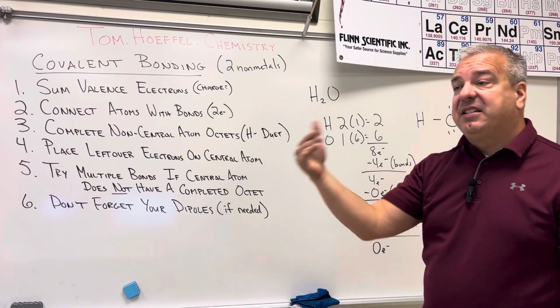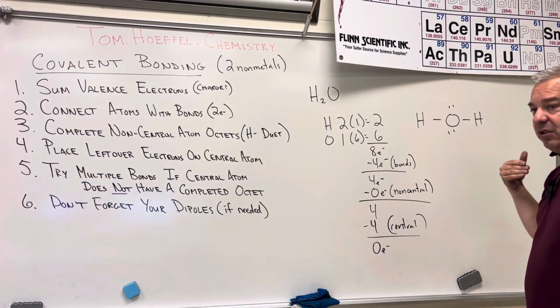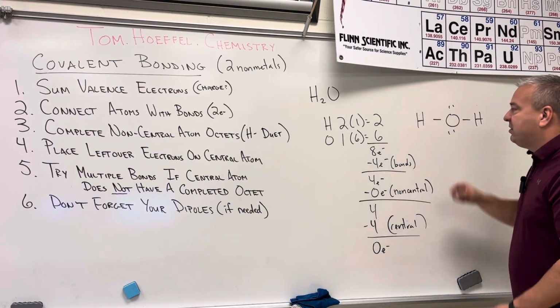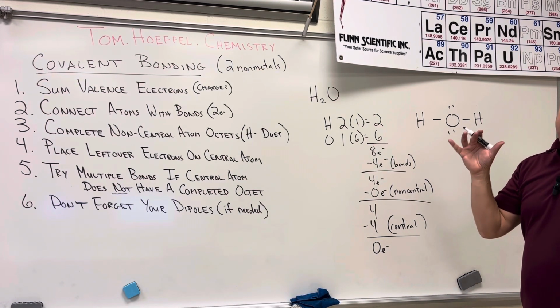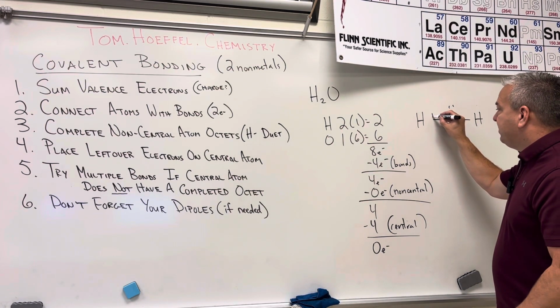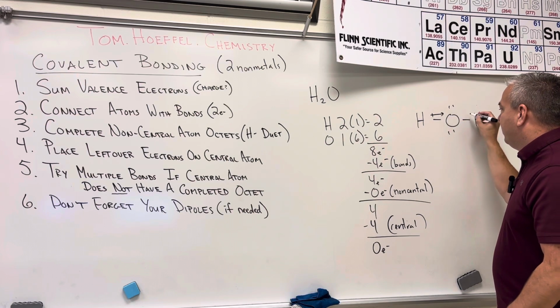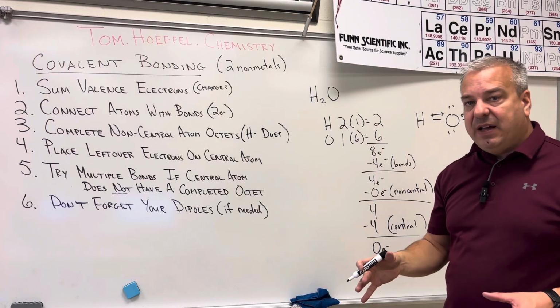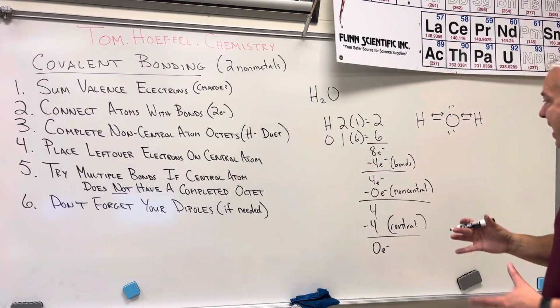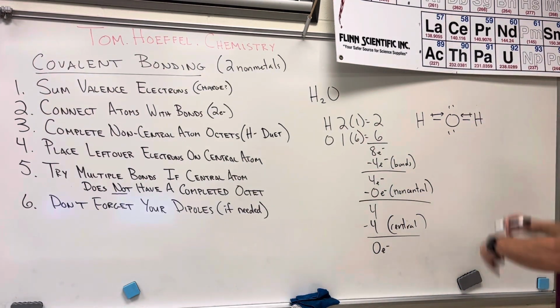And still, oxygen is further to the right. So oxygen is stronger when it comes to electronegativity than the hydrogen. So the dipoles this time are going to go towards the center because oxygen's electronegativity value is higher than hydrogen's. And that completes the problem.